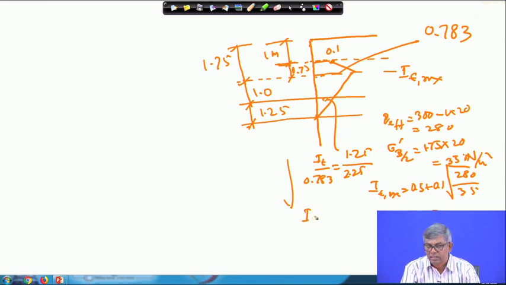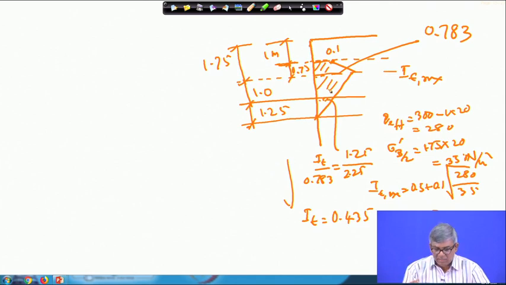So, from there I will get I epsilon equal to 0.435. So, now I have to find out the total settlement, and for total settlement I have to find out for this layer, this layer, and this layer. So, there will be 3 parts.